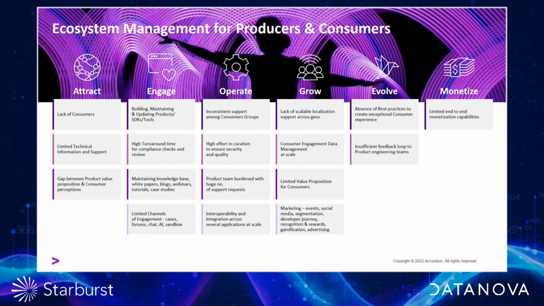So operations means being able to support all the different business groups that no longer are in the same line of business, right? Your user groups are now across the business. So how do you support these different communities who might have different levels of both tech maturity as well as expectations? Finally, the grow. So now that you have your initial successes, ideally through that initial first few products that you've launched, you're going to also be able to produce some of the core frameworks that you're needing to be able to monitor this at scale, right?